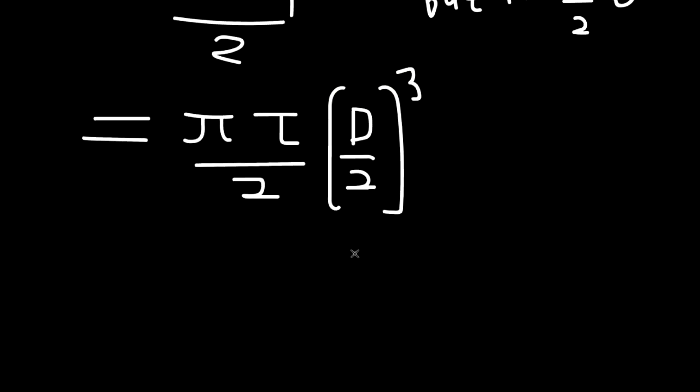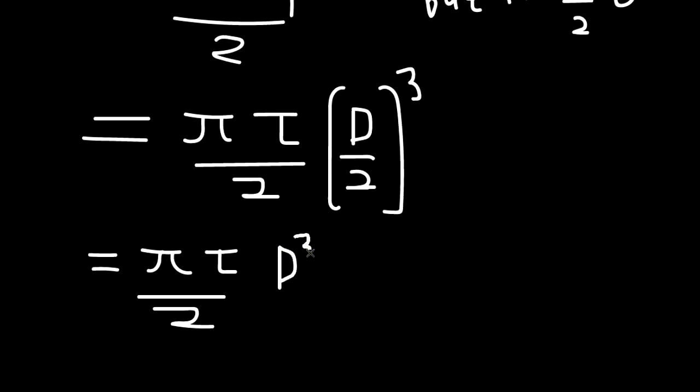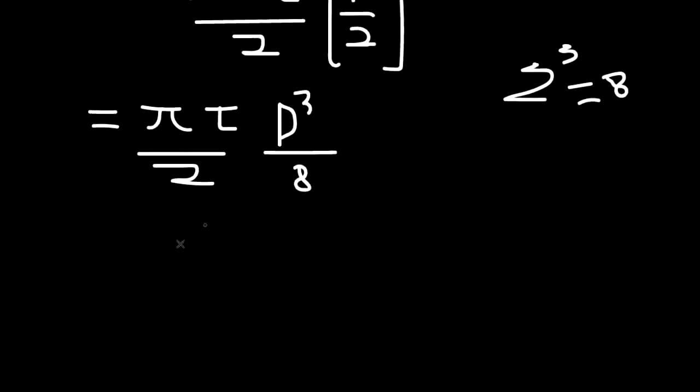When we open the bracket, we get d cubed, and 2 cubed is 8. So 8 times 2, we get 16.